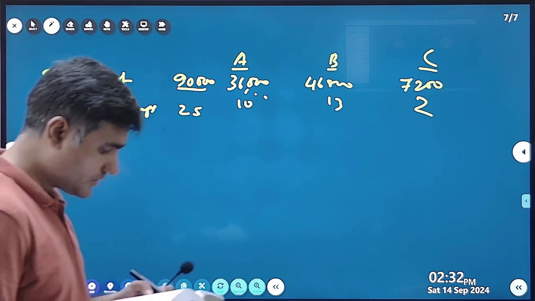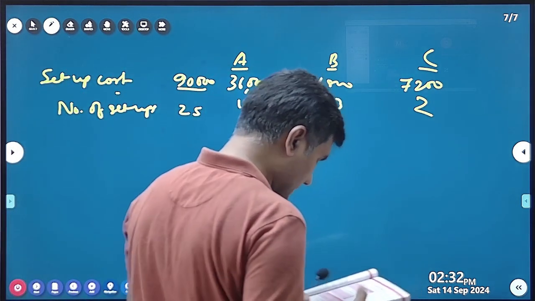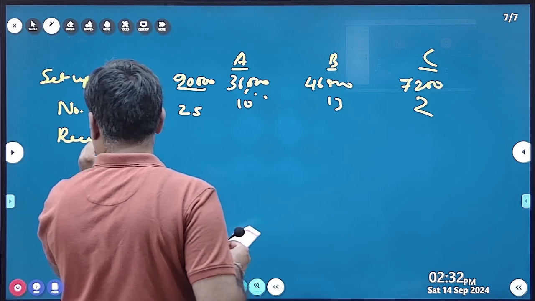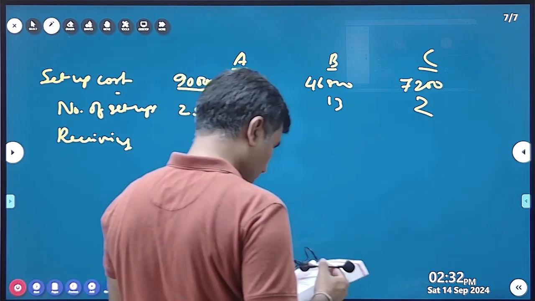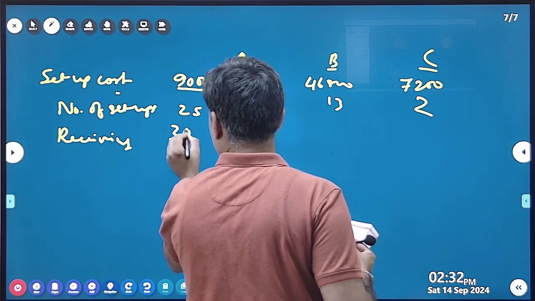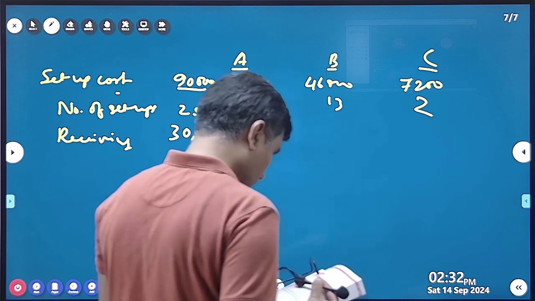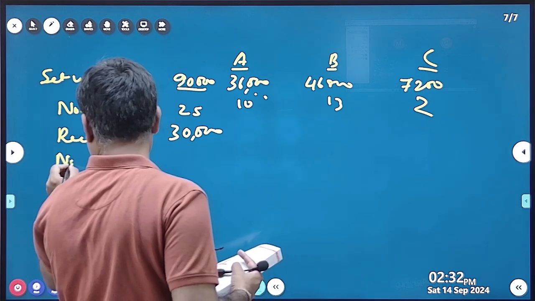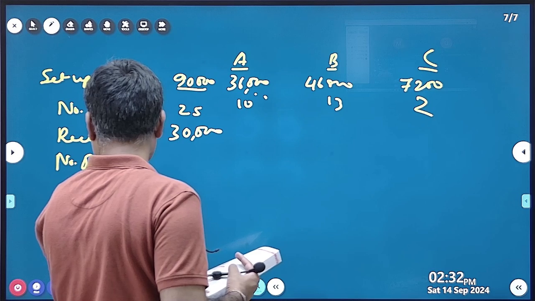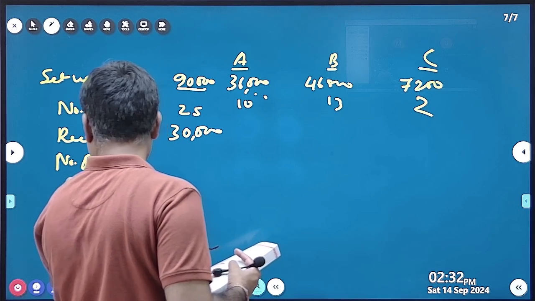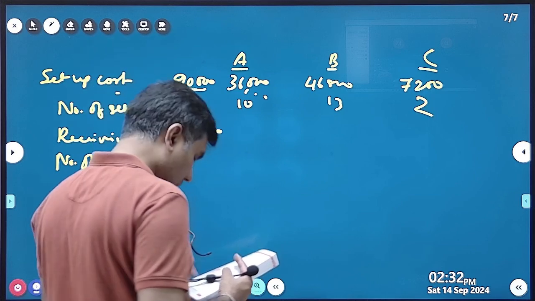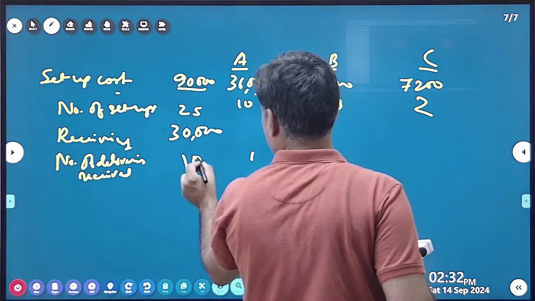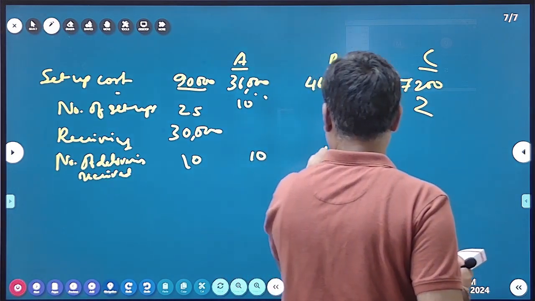Then the second cost item is receiving. Receiving how much is the cost? 30,000. So what will be its cost driver? Number of deliveries received. How many deliveries are received? 10, 10, 2.